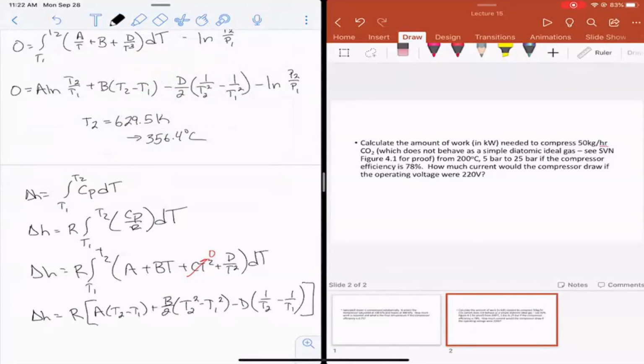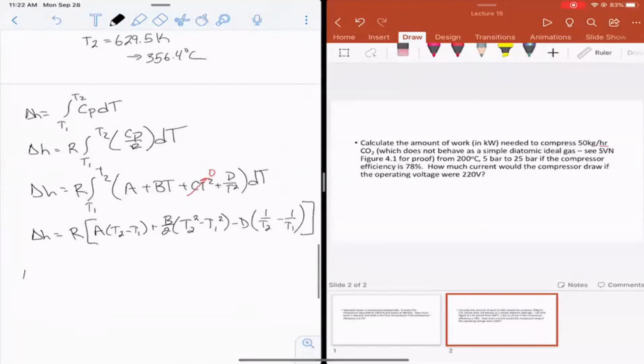We have T2 already when delta S is equal to 0, which is 629.5, and we have the initial temperature. So delta H for the isentropic case is equal to 7340 joules per mole.